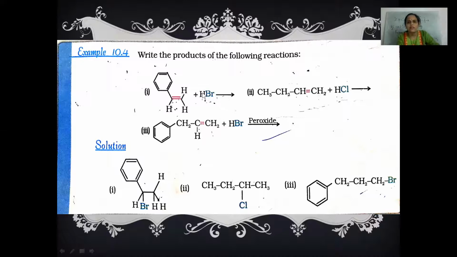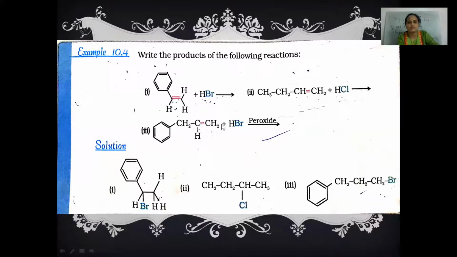The negative part of the addendum, the negative part of HBr, is Br minus. So this Br minus gets added to that carbon atom that is having a lesser number of hydrogen atoms. So it will get added to this carbon atom. The product formed is Br added over here, and it has become a saturated compound, and H is added on this carbon atom.